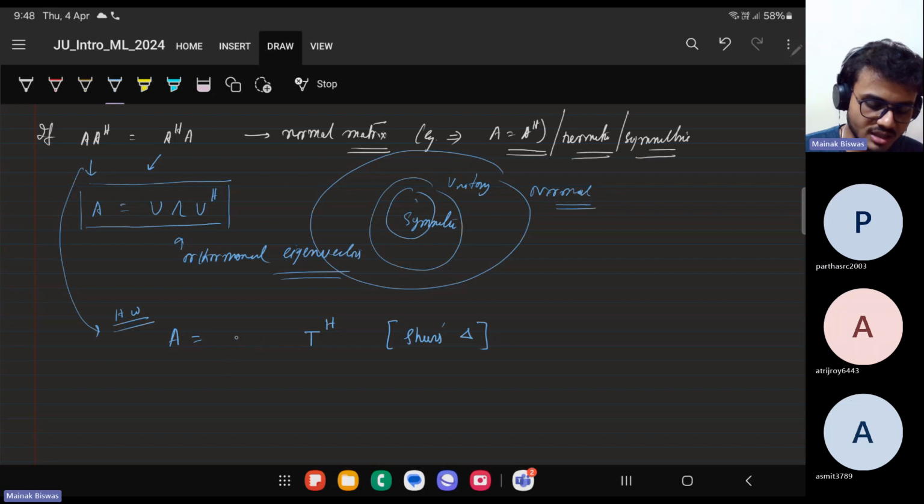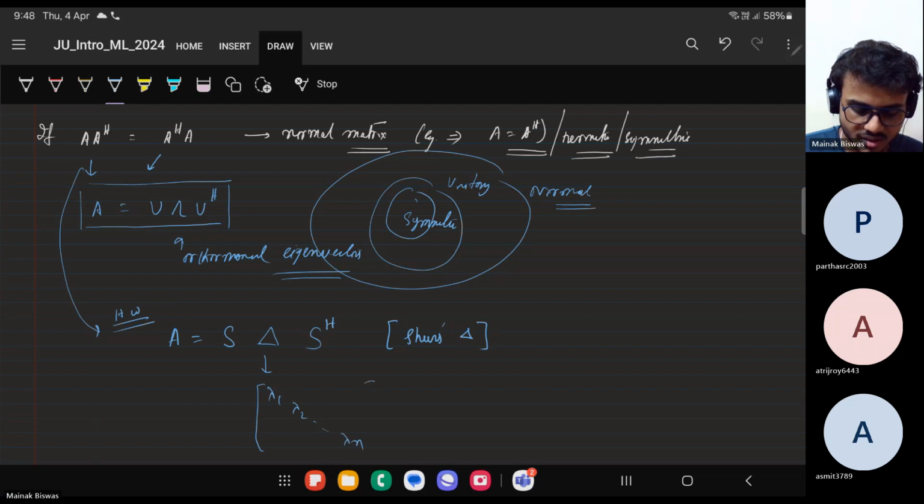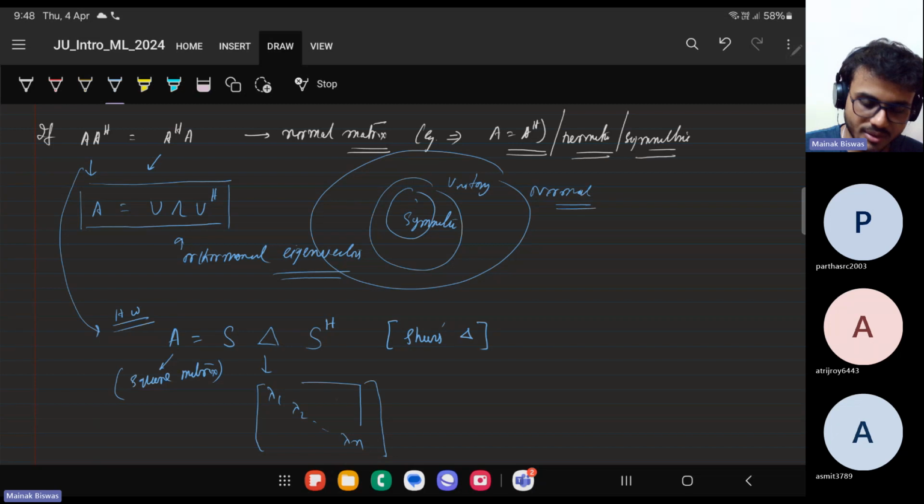Let me just write this in a different format. So let us write this S. Schur's triangularization, let's use S. S delta S Hermitian, where delta is a triangular matrix with lambda 1, lambda 2, dot dot dot lambda n. Any square matrix only. This has to be a square matrix. And you have elements on the top, below is 0.